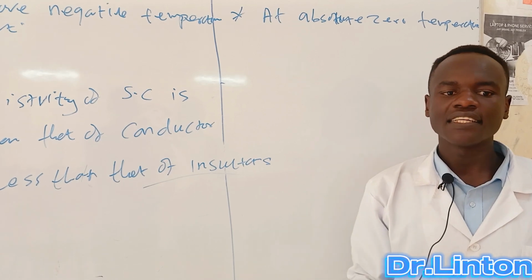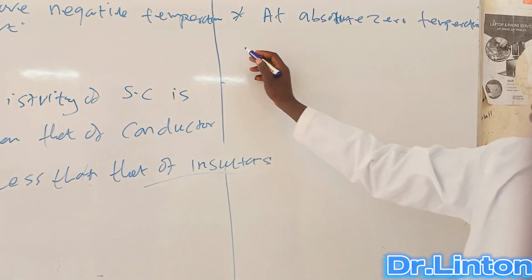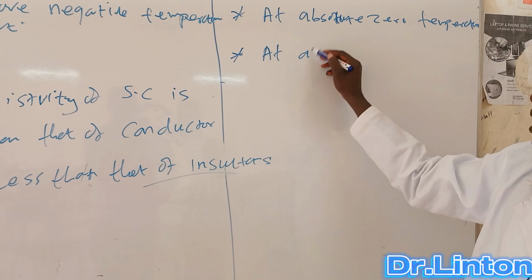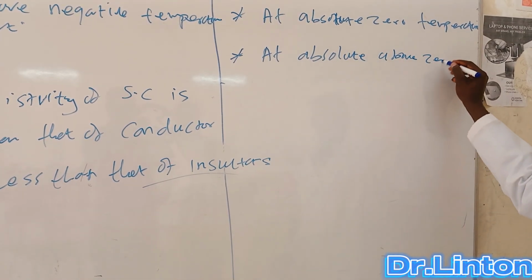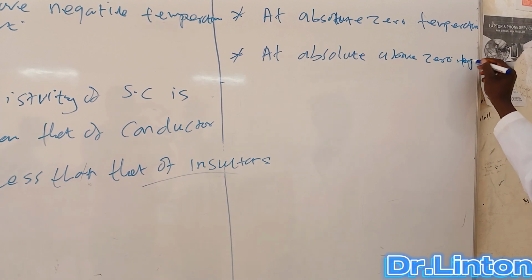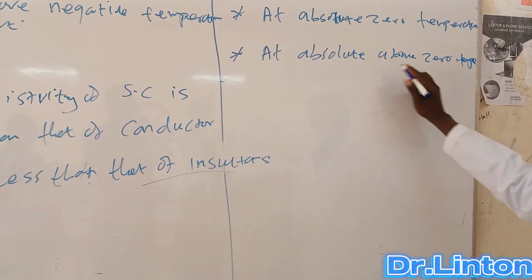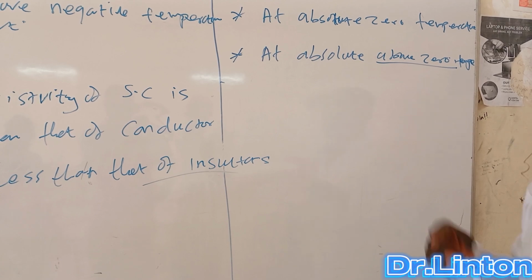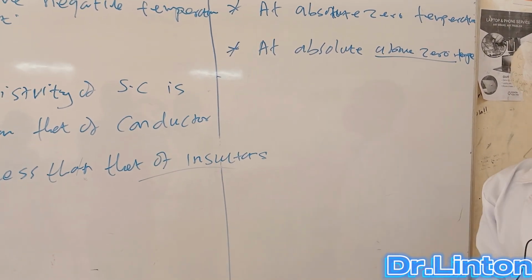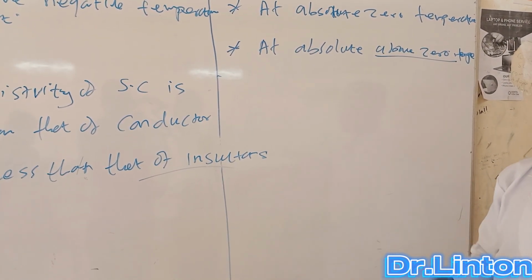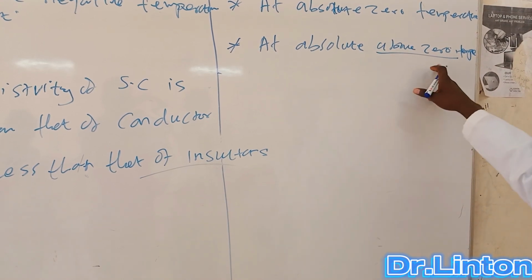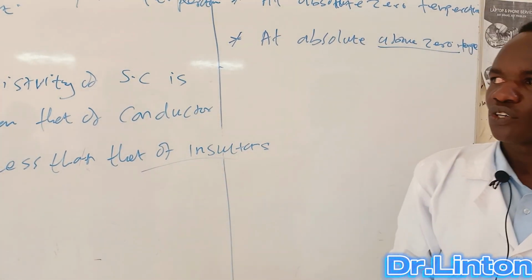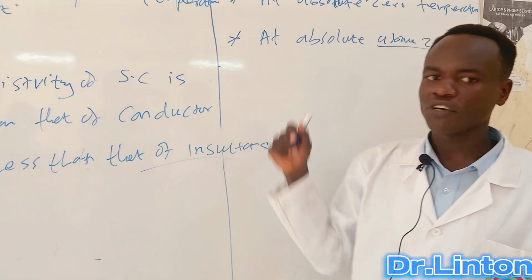They are tightly held. But at above zero temperature, we see that at room temperature, the covalent bonds are broken. When a covalent bond breaks, the electrons are free to move, and therefore the electrons are responsible for the conduction of current in semiconductors.